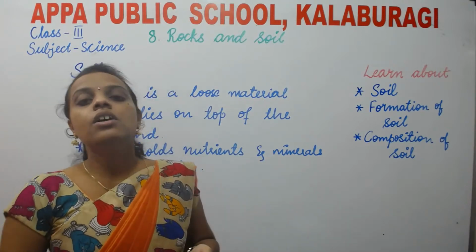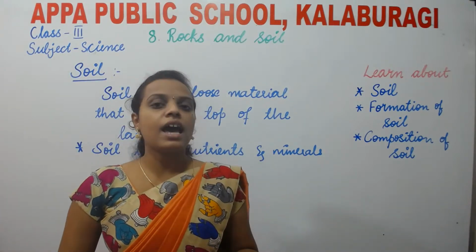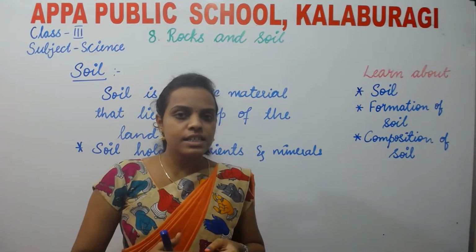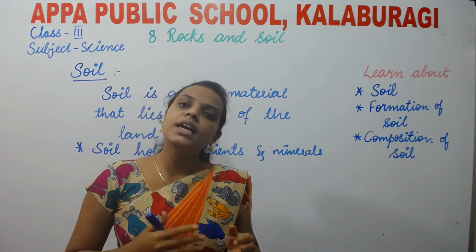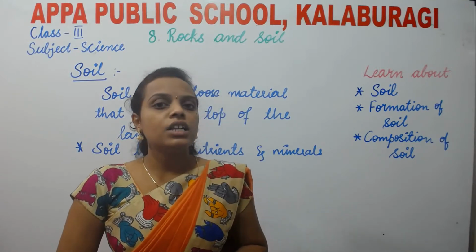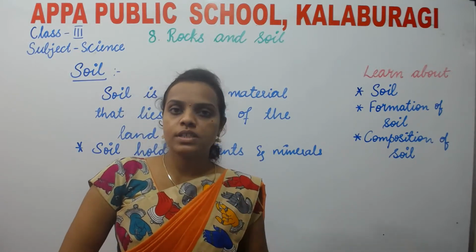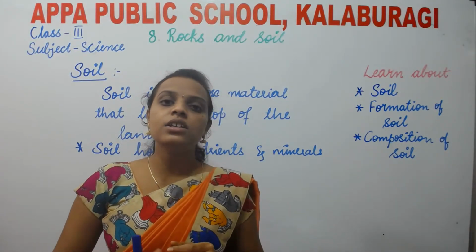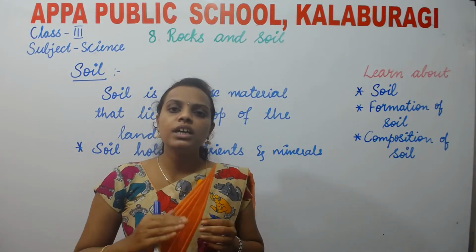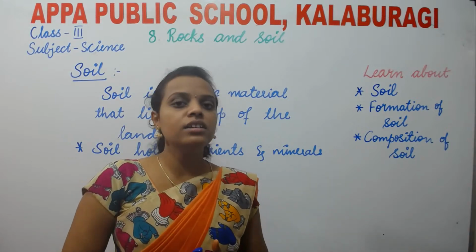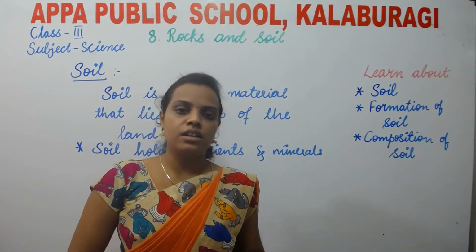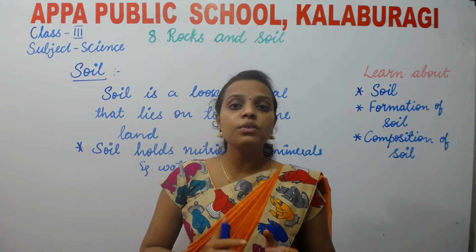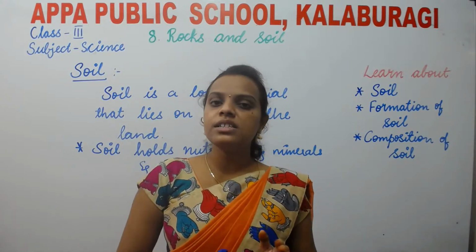It holds water, nutrients and minerals. It is the right place to grow plants, and it also supports the roots so that plants can stand erect and get sunlight from the sun.